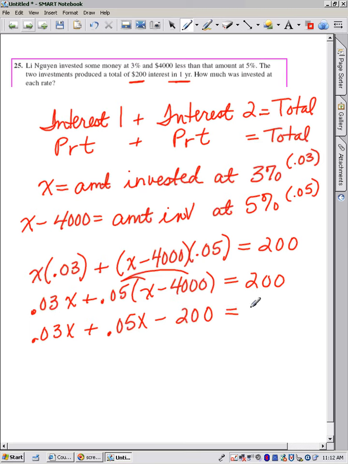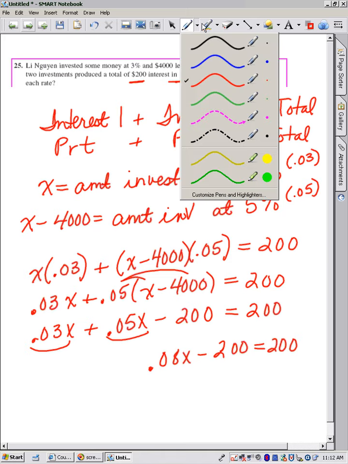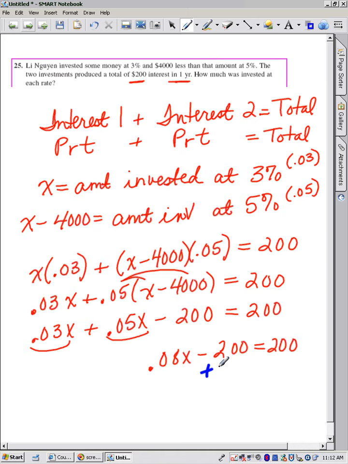That's equal to 200. Now combine like terms, 0.03x plus, we line up the decimal points to get 0.08x minus 200, and that's equal to 200. So we would have to add 200 to both sides.